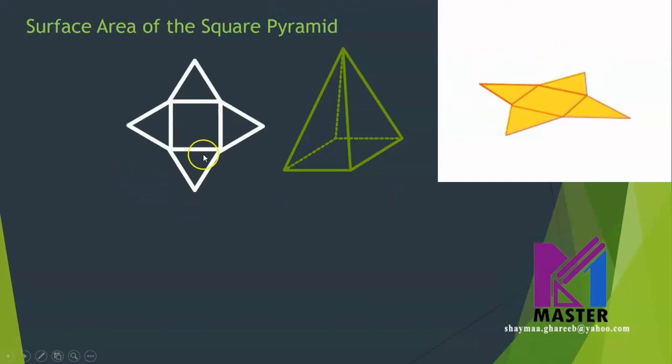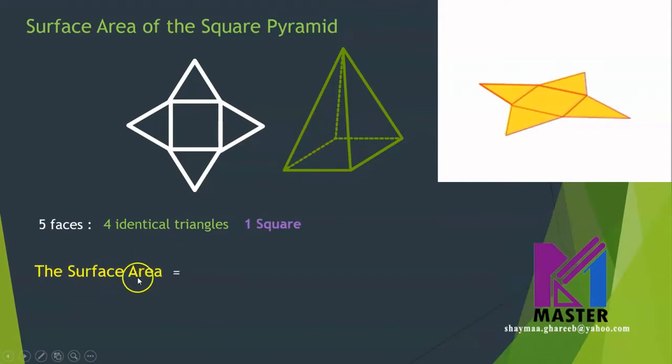Here is the net of a square pyramid, and we said it has 5 faces, 4 identical triangles, and 1 square. In order to calculate the surface area of the square pyramid, we need to add the total area of all faces.